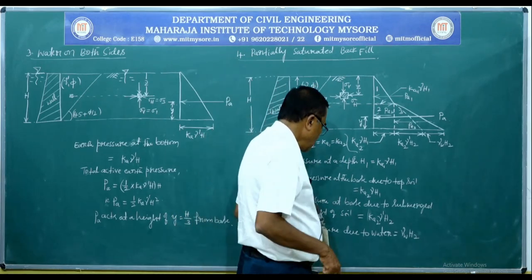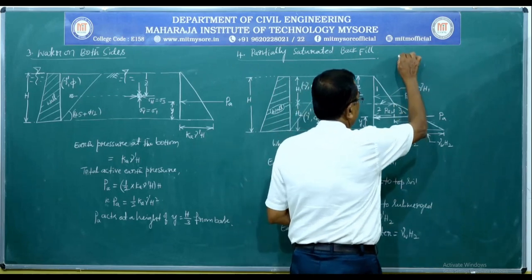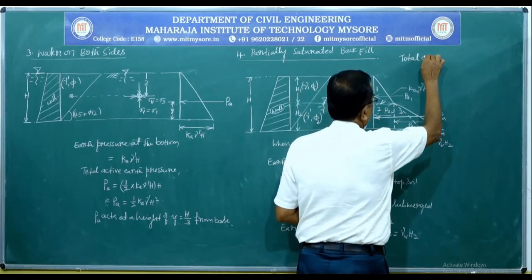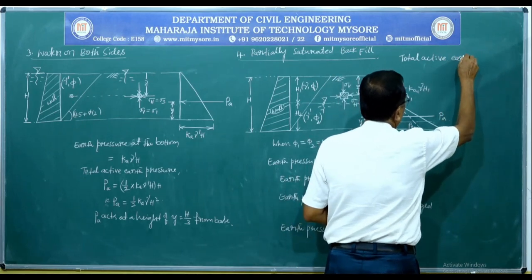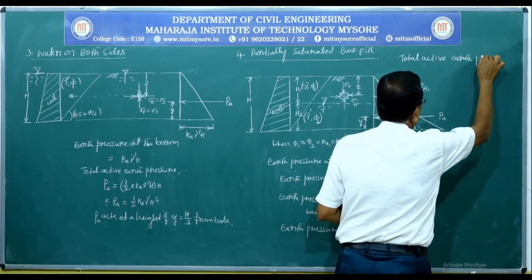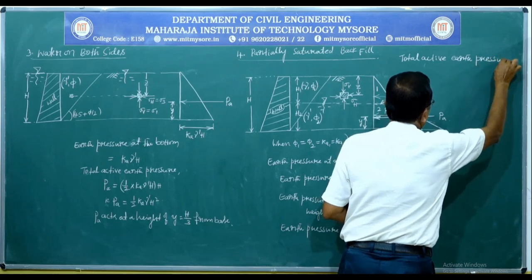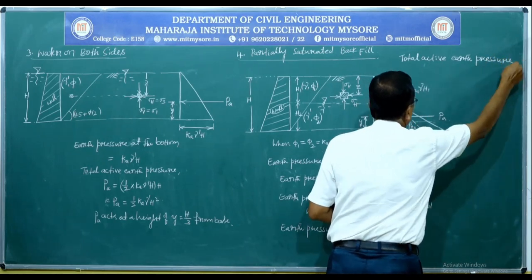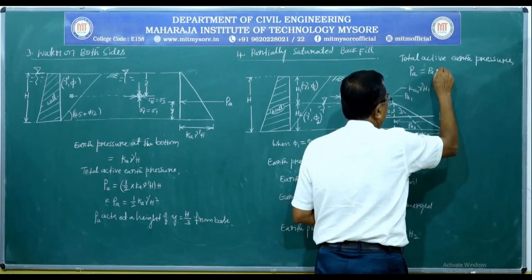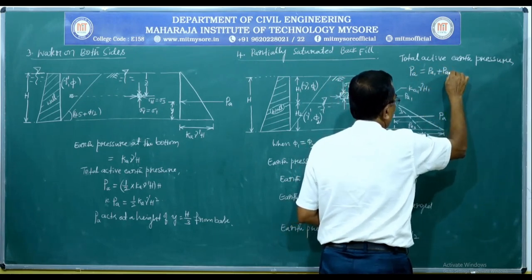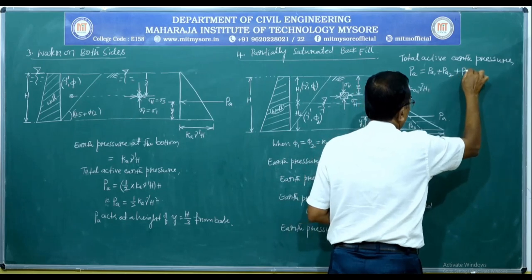Next, total active earth pressure PA is equal to PA1 plus PA2 plus PA3.